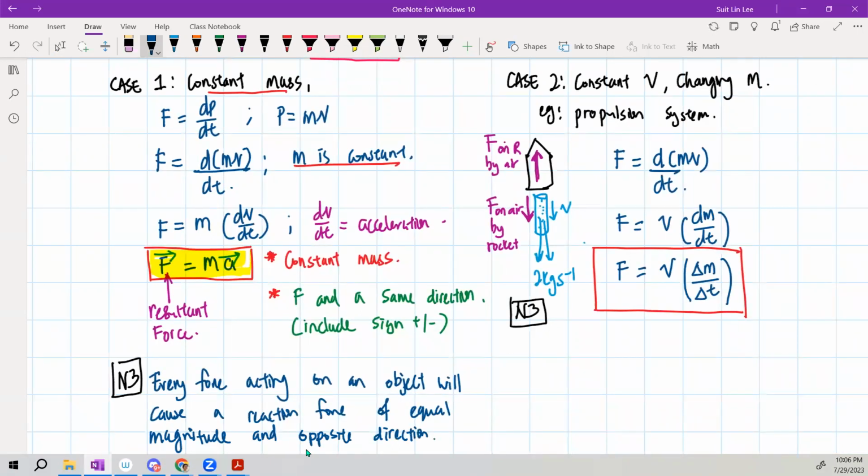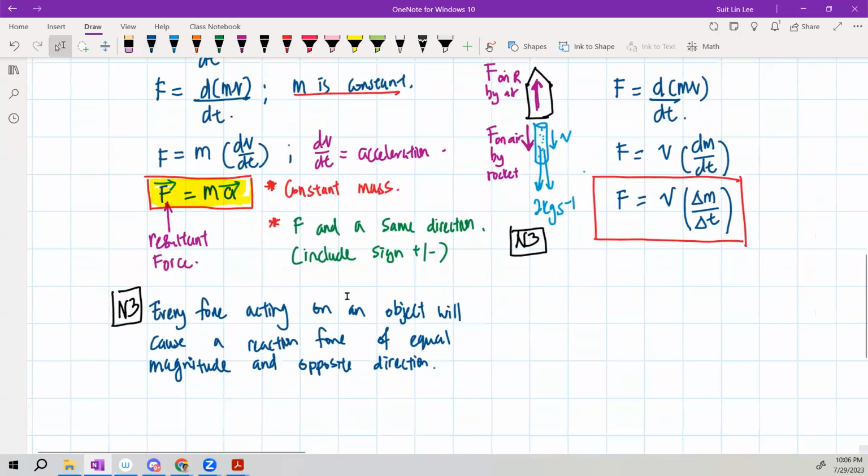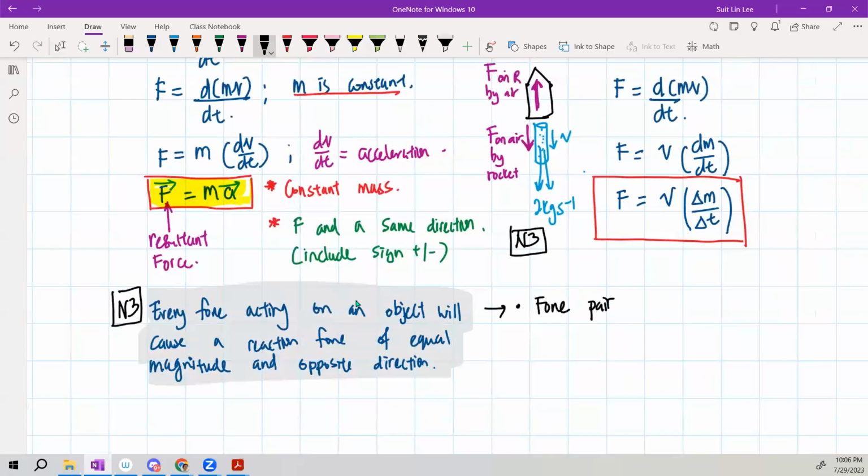But there are two other footnotes that I want to point out here in your Newton's third law. Number one, the forces have 4 properties. So this every force has an equal magnitude and opposite direction thing always talks about the force pair.